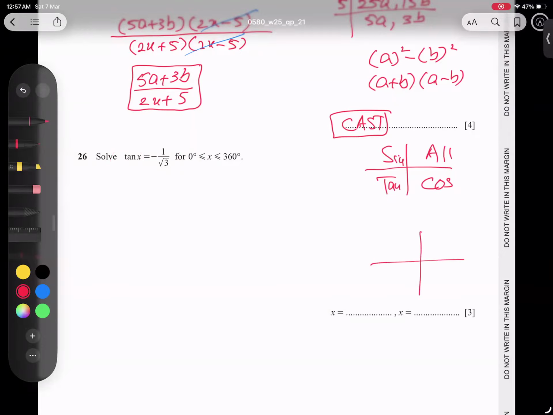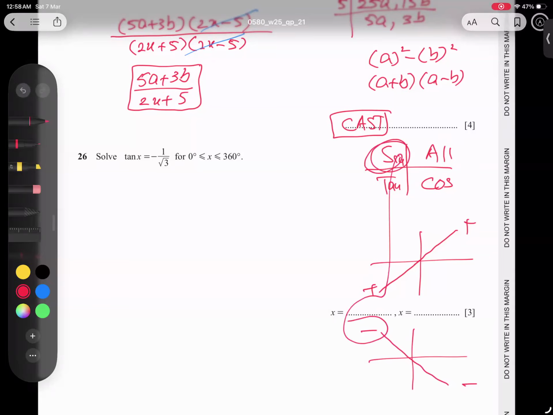Basically, if you look carefully, tan is positive here and here. All positive, so tan positive. But I'm looking for tan negative. So tan is negative here and here. How come? Here sine is positive, but tan is negative. Here cos is positive, and tan is negative. So basically, I have to make one line here and here.